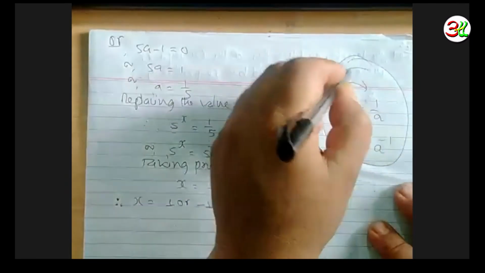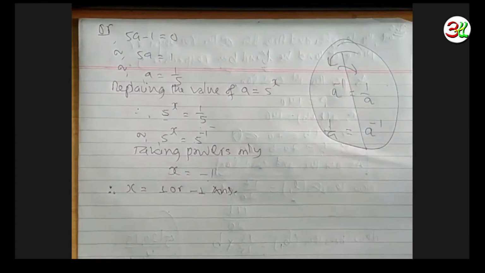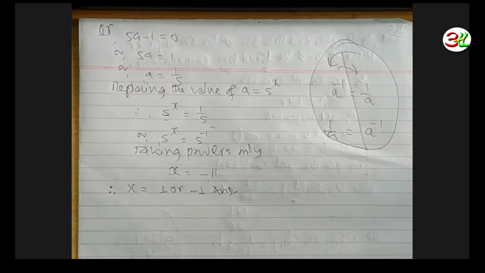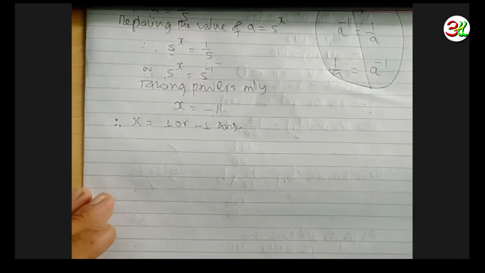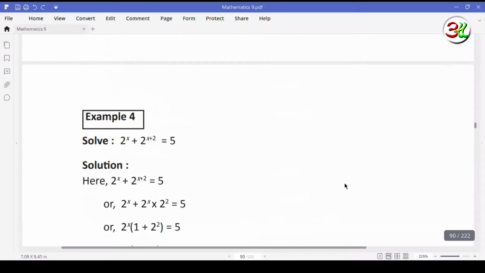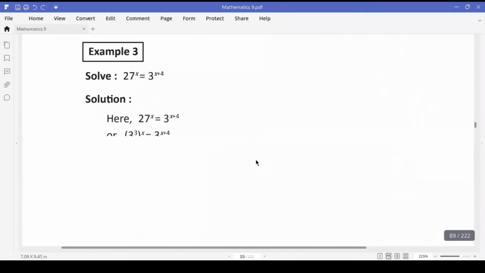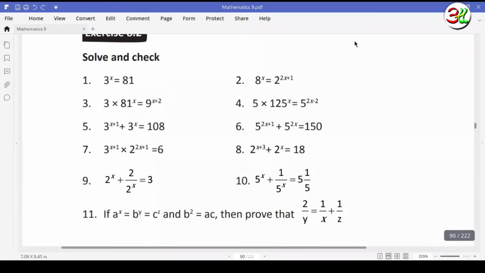Yes, sir. Okay, go to here. I hope it is finished. Okay, any other problem, any other confusion in this exercise? No, sir. Any confusion in examples? No, sir.